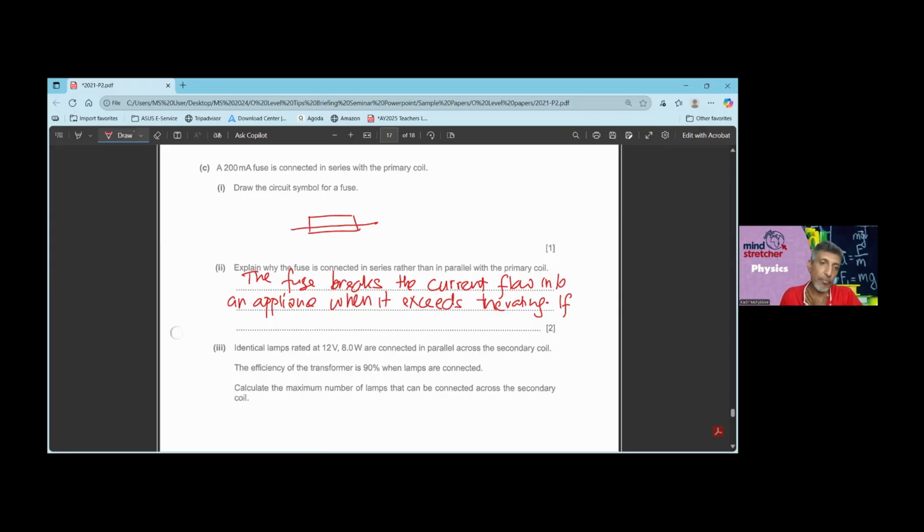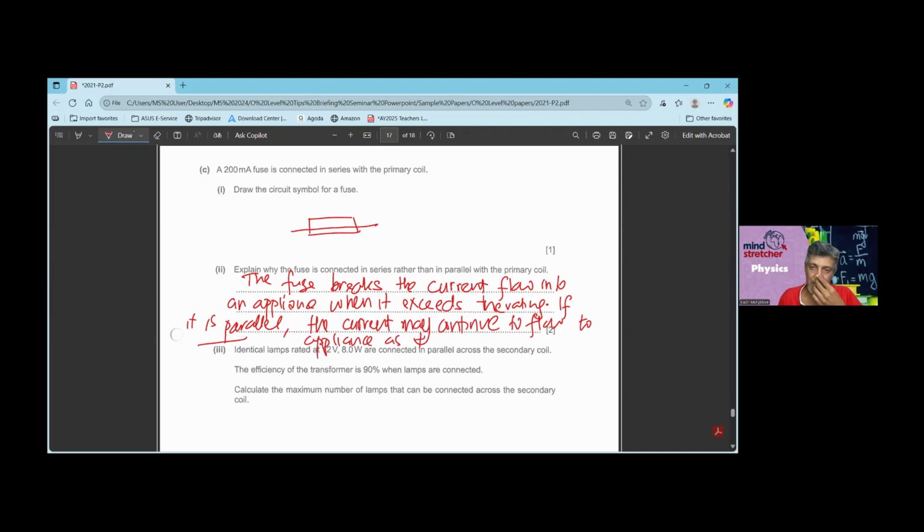If it is in parallel, the current may continue to flow to the appliance as the branch.